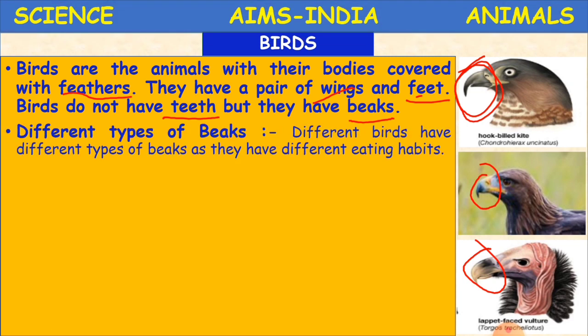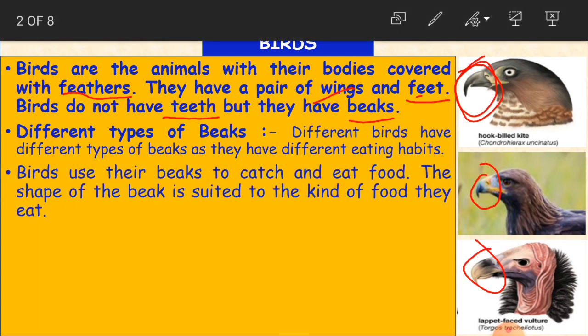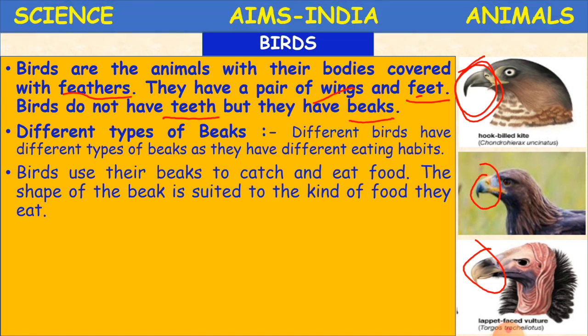And there are different types of beaks. Like animals have different types of teeth, for wild animals you have sharp and long teeth in the front, and domestic animals have some other type of teeth. In the same way, in birds you have different types of beaks. So what are they, children?